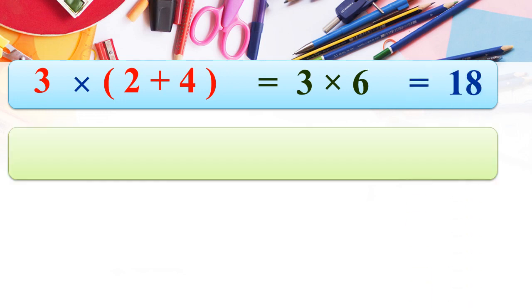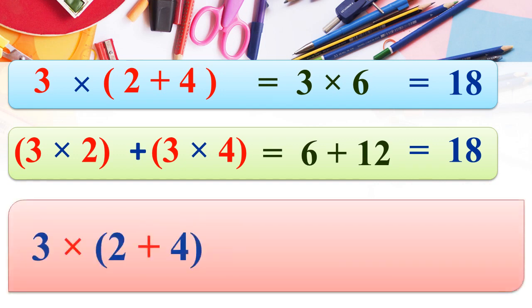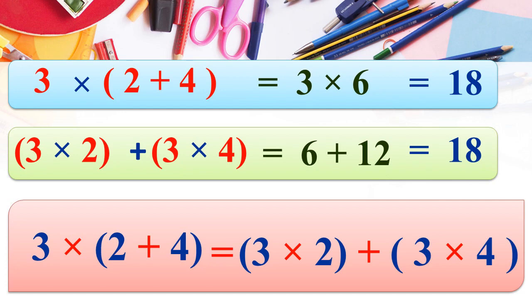Therefore, 3 multiply in brackets 2 plus 4 equal to 3 into 6 equal to 18. Next, 3 into 2 plus 3 into 4 equal to 6 plus 12 equal to 18. Here, both answers are the same. Therefore, we can write 3 into (2 plus 4) equal to 3 into 2 plus 3 into 4.